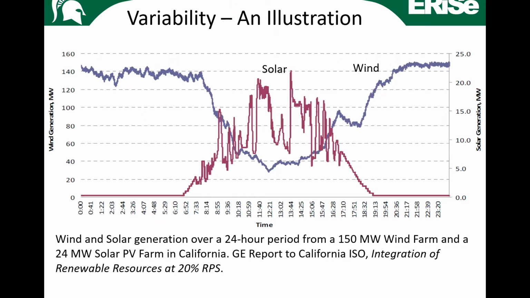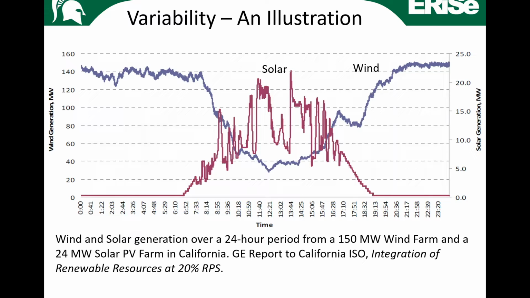So this graphic gives you a sense of what variability means in wind and solar. These are the outputs of two farms, one wind and one solar. The blue curve is the wind farm, a 150 megawatt wind farm, whereas the solar park is 24 megawatts. They are both located close to each other in California.